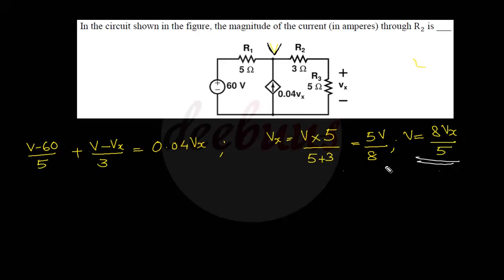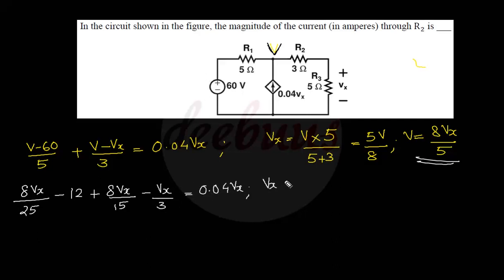Now substituting this term for V, that is 8Vx by 5 into 5 is 25 minus 60 by 5. 60 by 5 is 12 plus again for V, that is 8Vx by 15 minus Vx by 3 equal to 0.04 Vx.